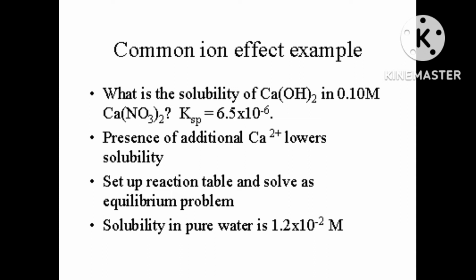Suppose it is X. Then what will be the value of S? Then X will be Ksp divided by X, that is S square. Then S is equal to under root Ksp divided by X. Correct?